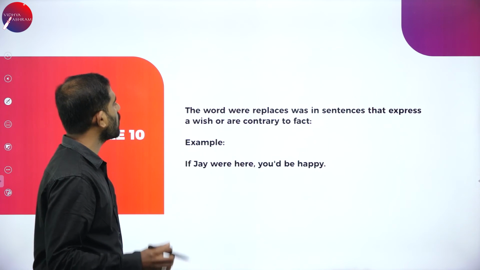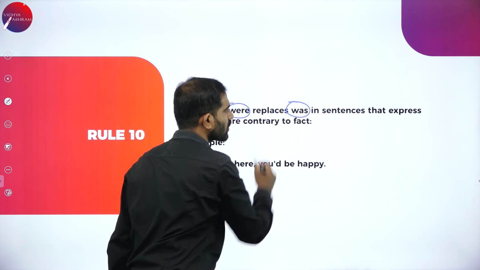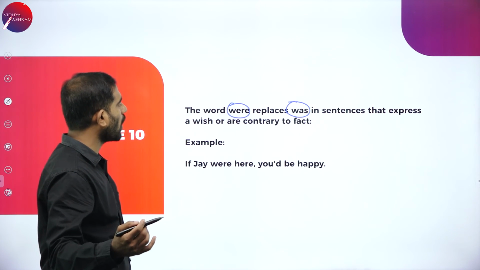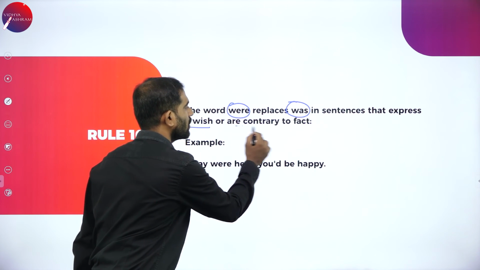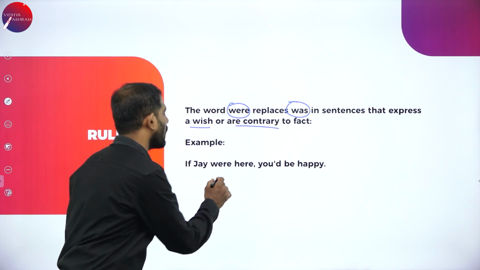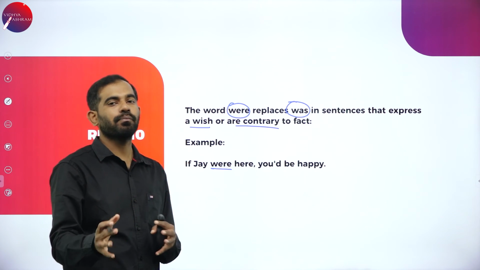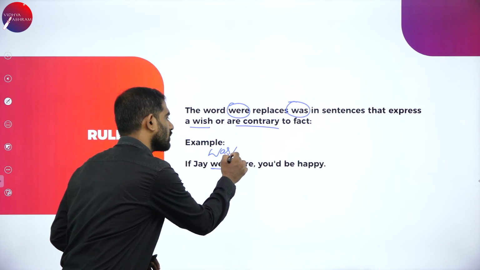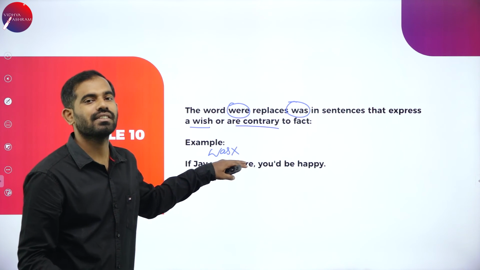Last rule: the word "were" replaces "was" in sentences that express a wish or are contrary to fact. For example, "If Jay were here, you would be happy." Most of us make mistakes while saying this.